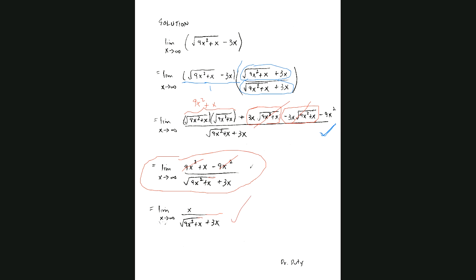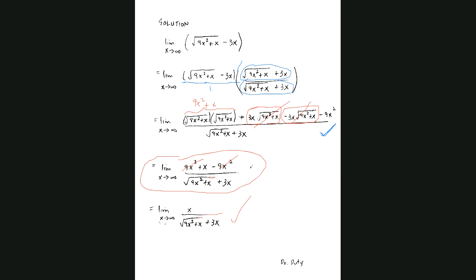It's better than what we had, but we're still not quite where we need to be in terms of this limit. We have to simplify things a little bit more.